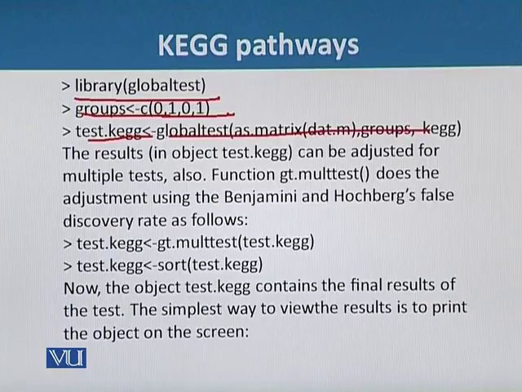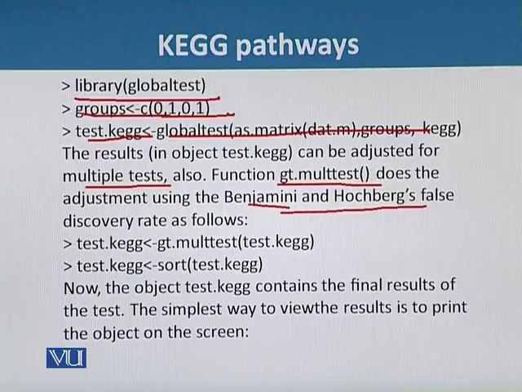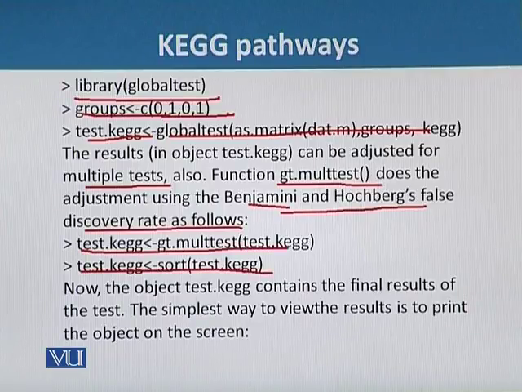The results can be adjusted for multiple tests, and the function gt.mult.test does the adjustment using the Benjamini and Hochberg false discovery rate as follows. We can use these commands to adjust the false discovery rates, and then the object test.KEGG contains the final result of the test.